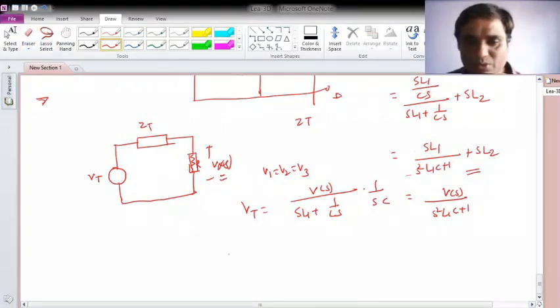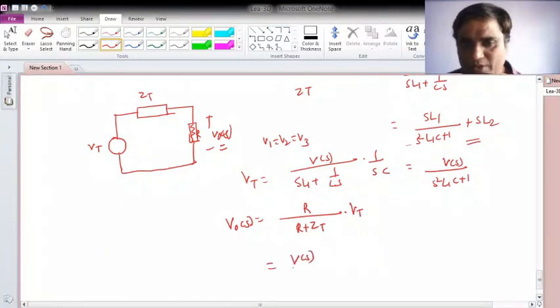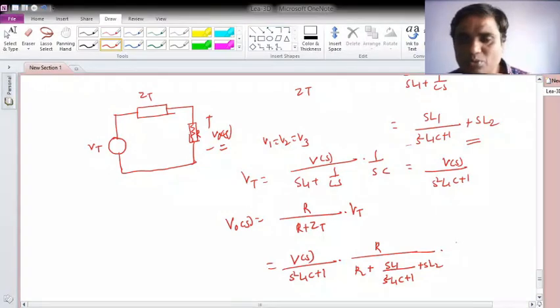I am interested in computing V0 of S, so I will use the voltage divider here, which will be R divided by R plus ZT into the total voltage VT of S. VT you got, which is V of S upon S square L1C plus 1, into R divided by R plus SL1 over S square L1C plus 1 plus SL2. That's all.